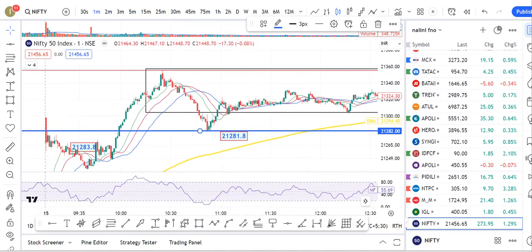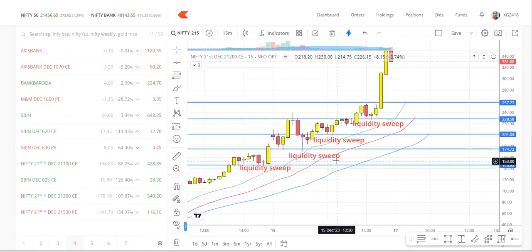Even on the option premium also, you can do that. Sometimes we have the fear of premium decay, but with the help of indicators and the liquidity sweep, you can gain confidence to hold your position.